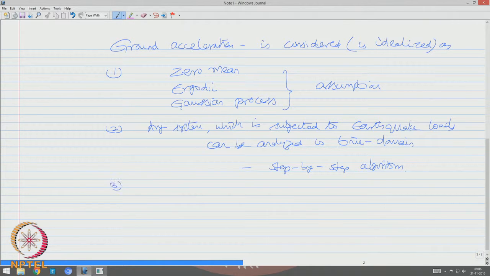So, the third issue is to do an earthquake analysis, use as far as possible, if available, the actual earthquake record. Now, here is the issue.